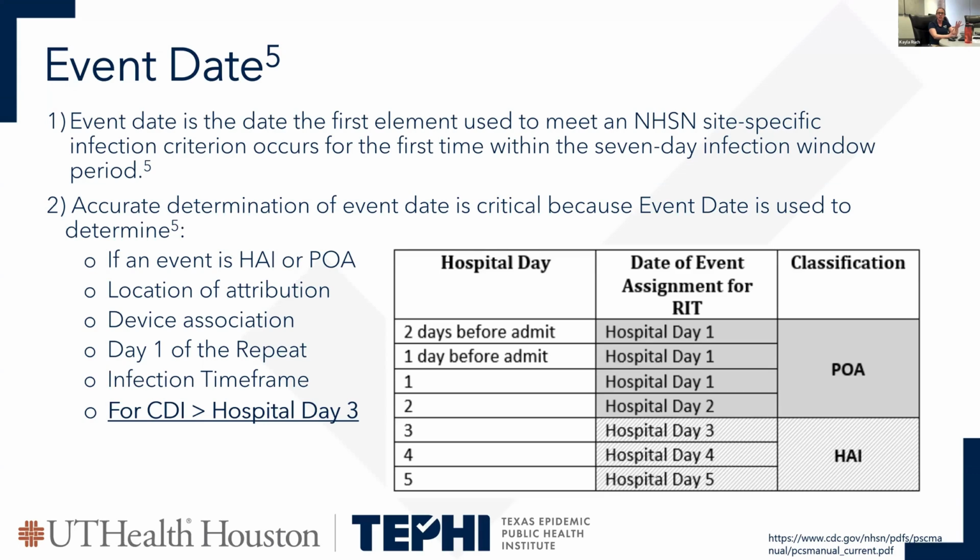And remember, for NHSN, that's hospital day, so that's not 24 hours admitted, it's the calendar day that you were admitted to the facility. So if you are admitted to a facility at 11:59 p.m. at night, that is considered day 1, and then the next day will start at 12:01. So just be very mindful with your specific date. They use calendar date, not hours of admission or being in the facility for 24 hours.